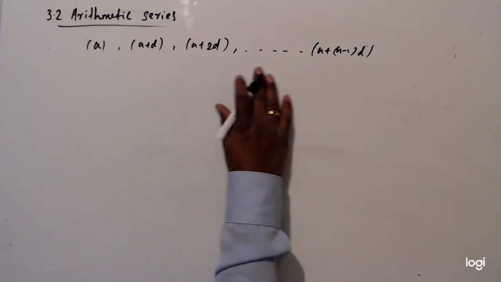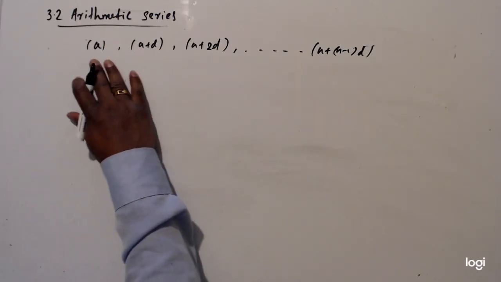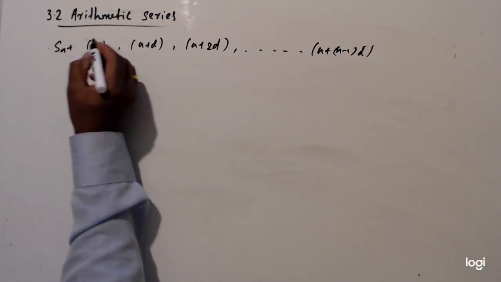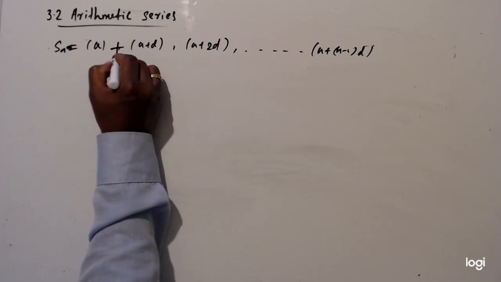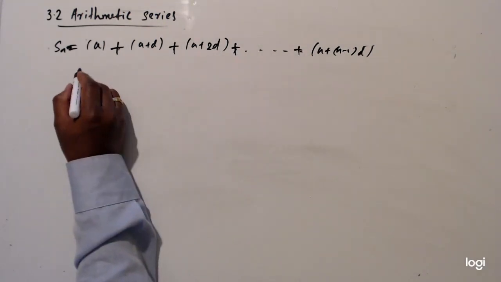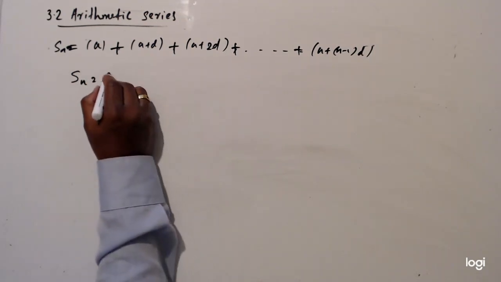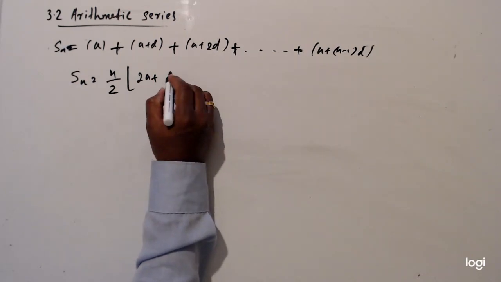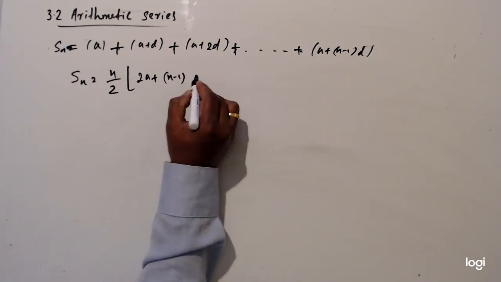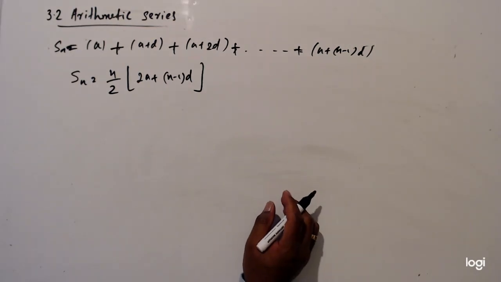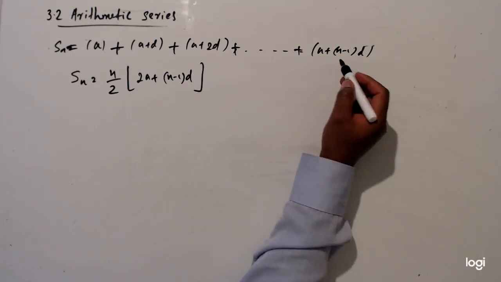So we discussed the sequence, and we discussed the series Sn, and we found a short formula to find the addition of n terms. And what is this term?